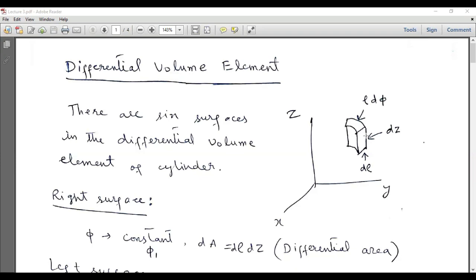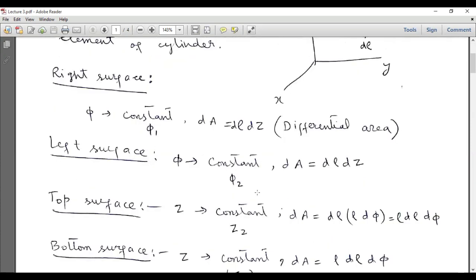So the surface area of this surface will be equal to d rho multiplied by dz, and this is also called phi is equal to constant plane. Similarly, the left surface, which is actually not visible from this view, and it is actually this surface, and for this surface phi will be equal to phi 2, and again its differential area will be d rho multiplied by dz. So this is right surface and this is left surface.